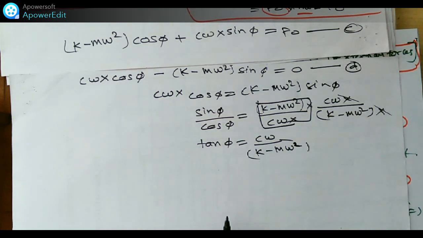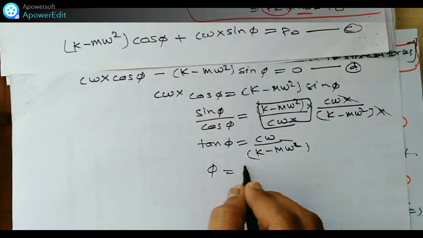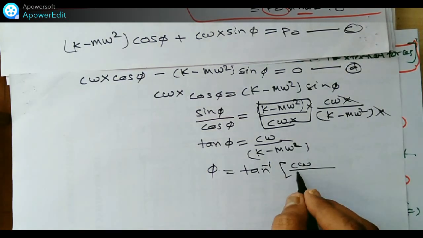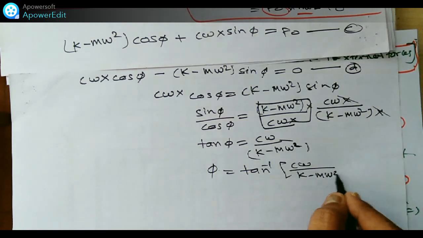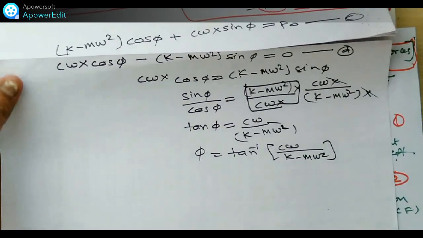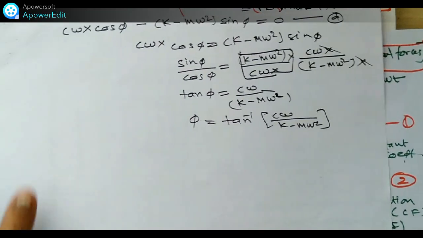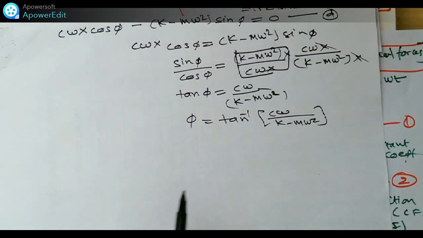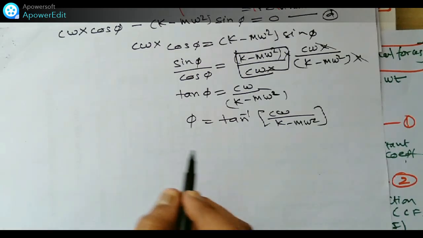Now I will write here tan inverse of c omega upon k minus m omega square, bracket closed. So this is the value for phi. These are the unknowns, and one more term, x, we don't know, but we have to find out the value of x also. That value we can find out from equation C.